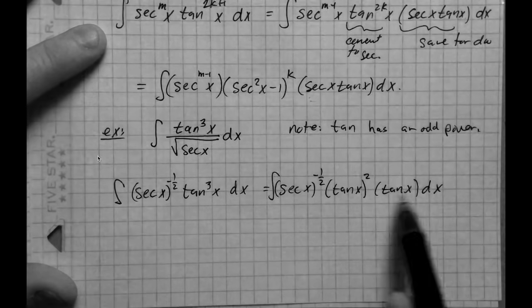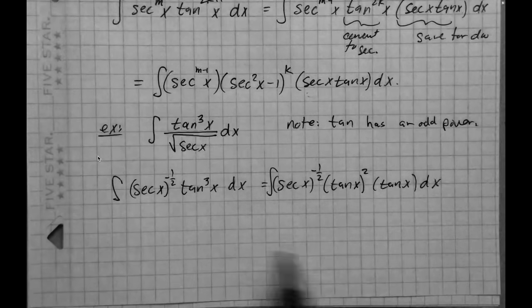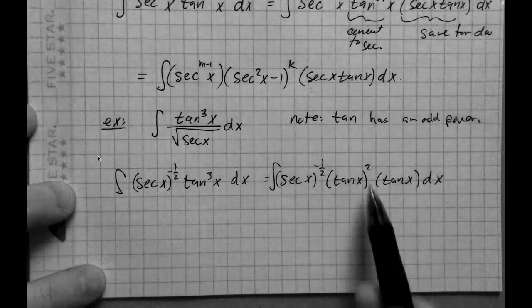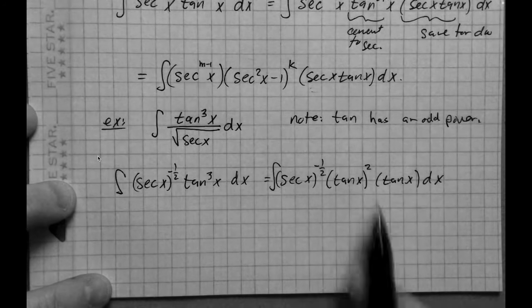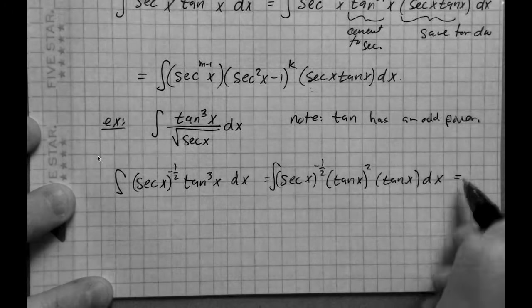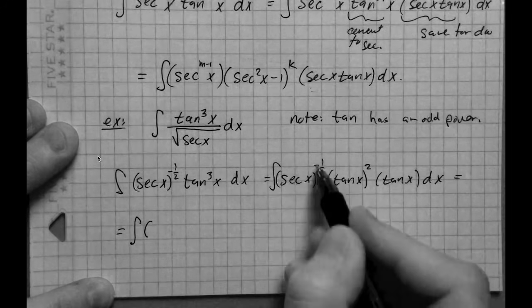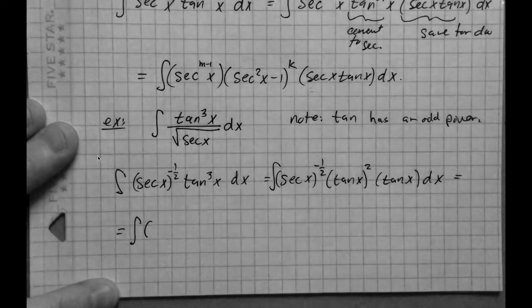Okay, so I've got the tangent part of the secant tangent. Now I need the secant part of the secant tangent. Well, I can just toss in another secant and multiply top and bottom by secant, basically. Right, and if I do that, what do I get? Well, the secant negative 1/2 becomes secant to the negative 3/2.